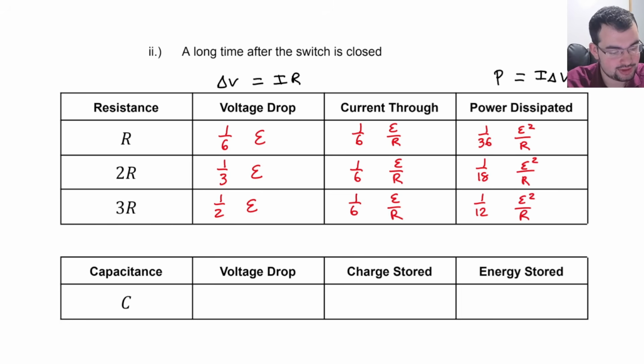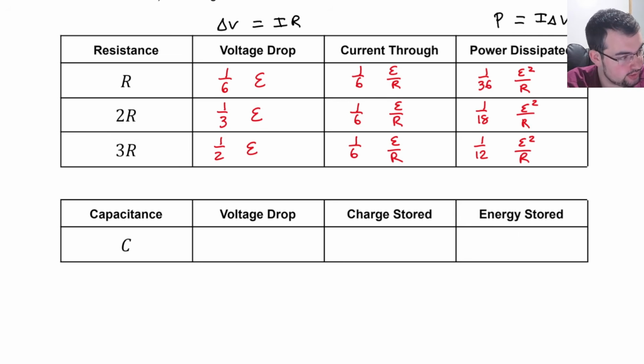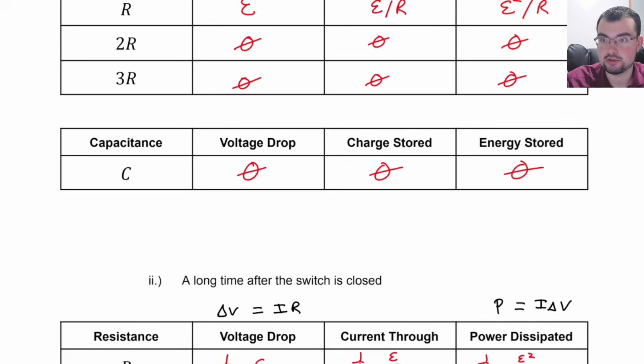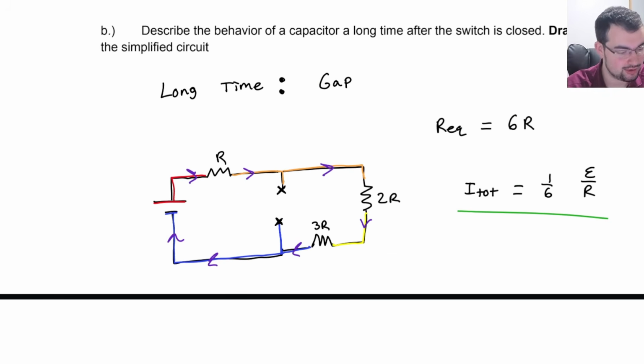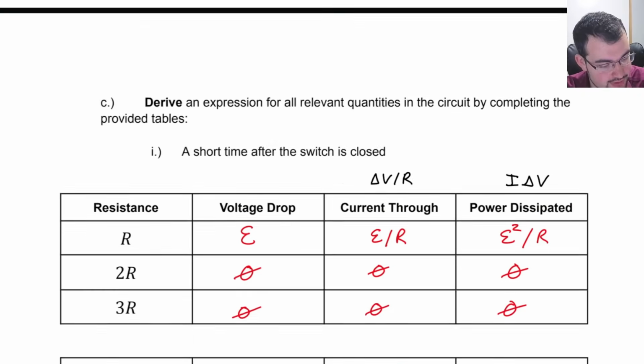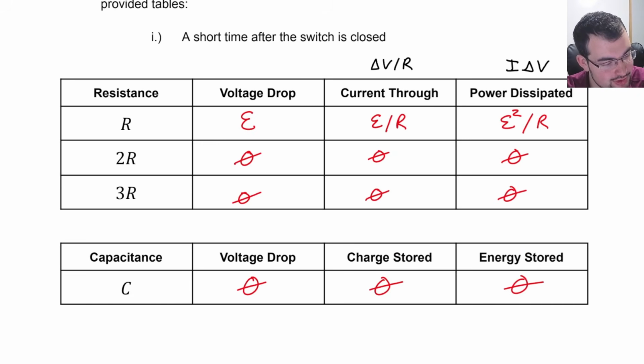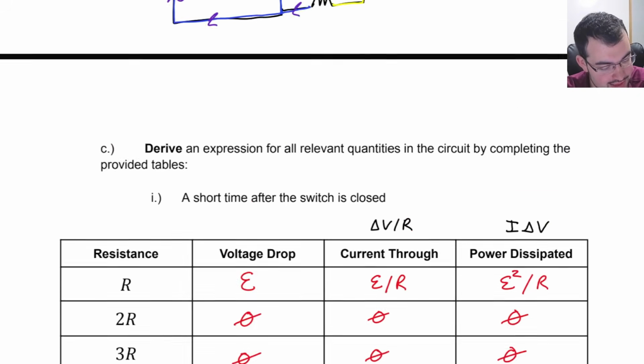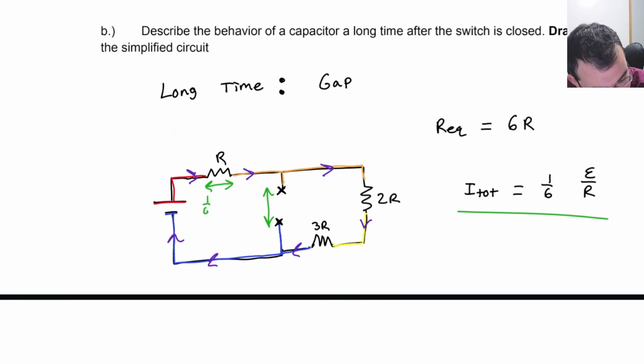Then for our capacitor, we have to actually mark up the circuit for this. A common trap is thinking it's the full battery voltage. It's not, because full battery voltage is red to blue, and this is not red to blue. Here we see that the drop across the first resistance, R, was 1/6. So if this is 1/6 of the battery voltage, this must be 5/6.